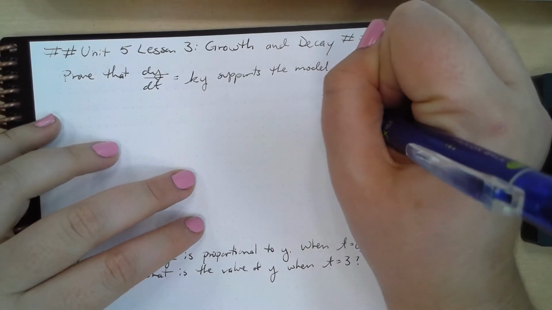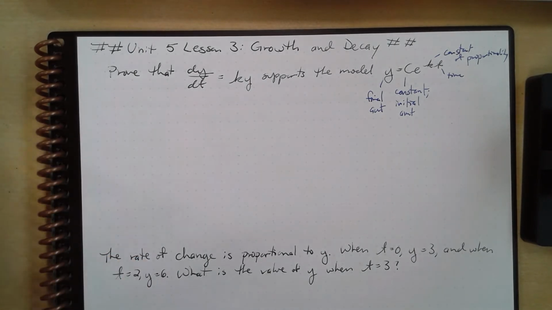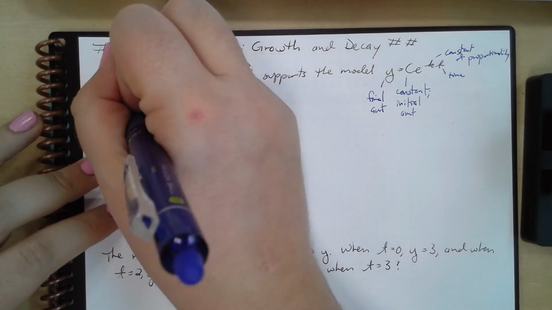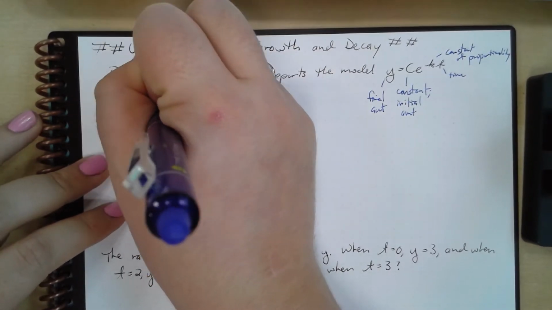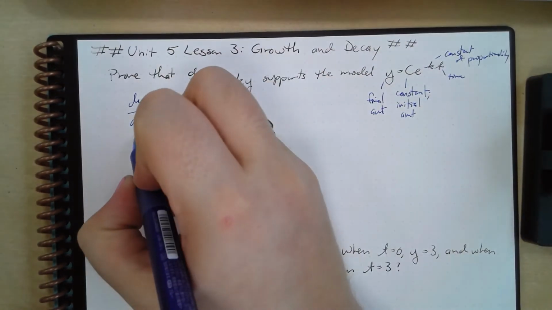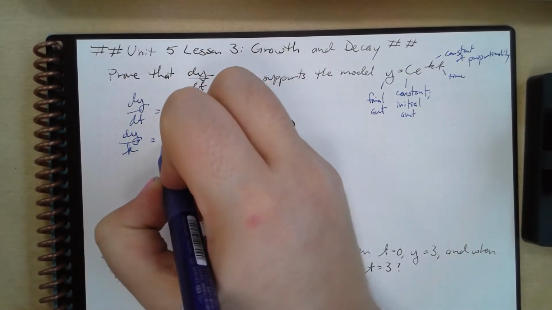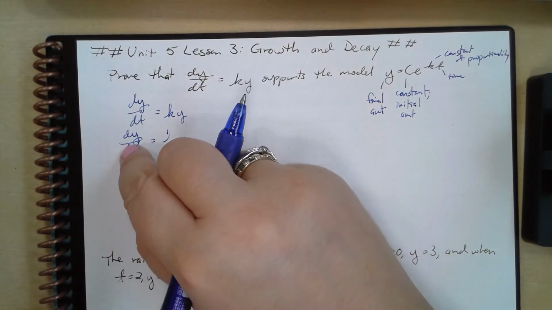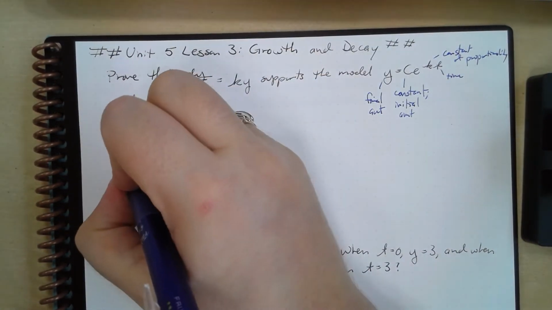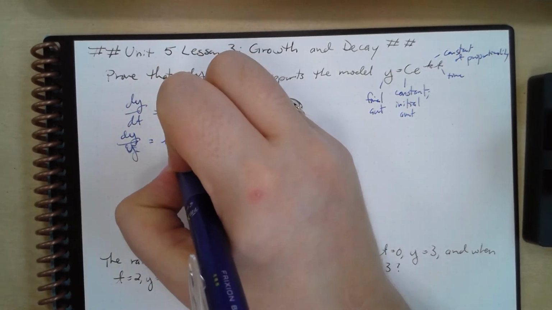And we want to prove that dy/dt is equal to ky supports that model. All right, so we have dy over dt is equal to ky. So we can rewrite this as dy over y is equal to k dt.